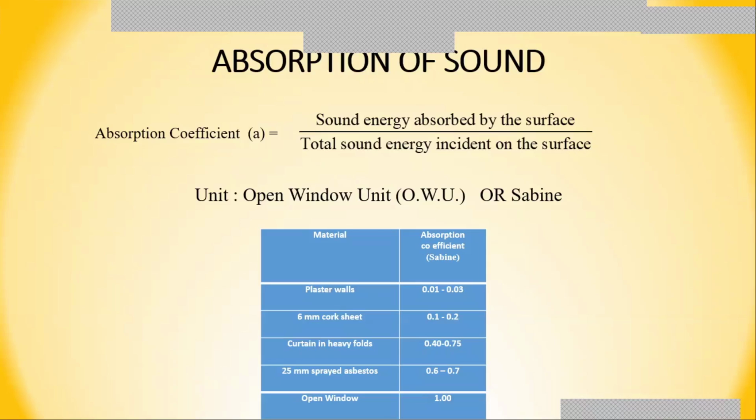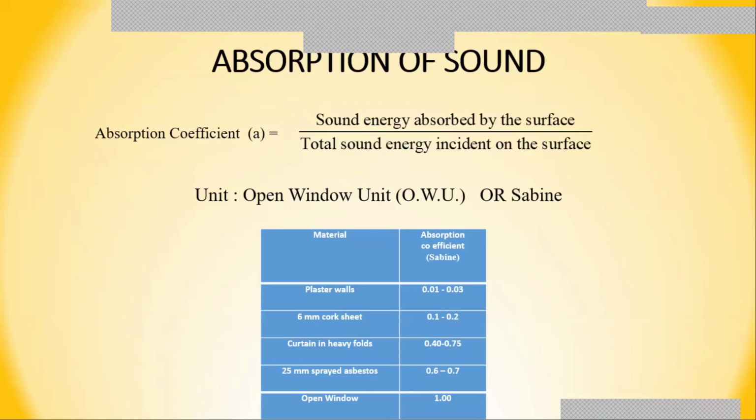It is the ratio of the sound energy absorbed by the surface to the total sound energy falling on the surface. Because it is not that all the sound energy falling on the surface will be absorbed, or all of it transmitted, or all of it reflected. Some part will be reflected based on the surface, some part absorbed, some part transmitted.